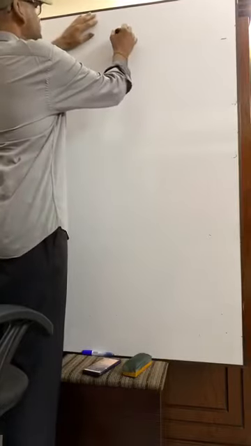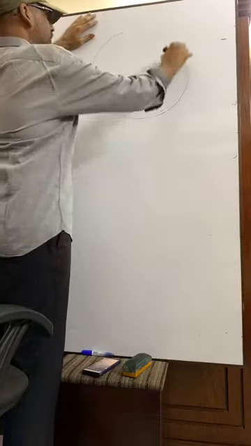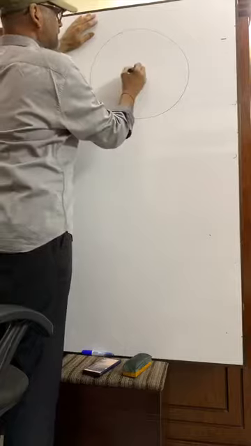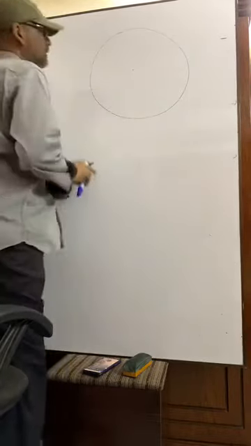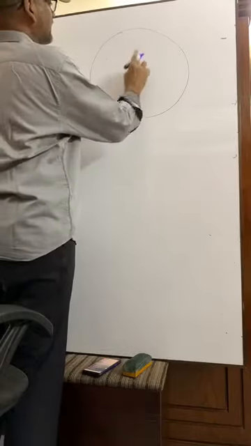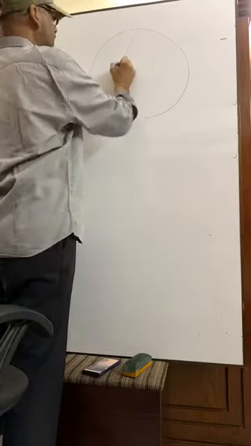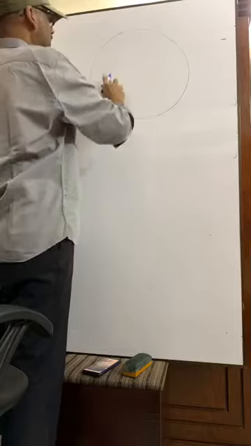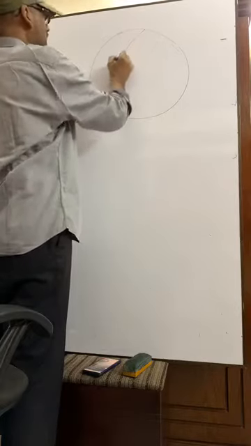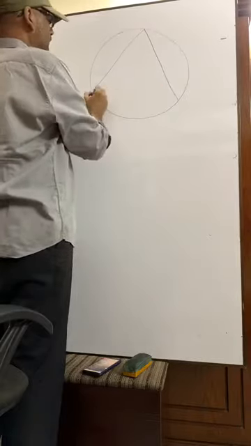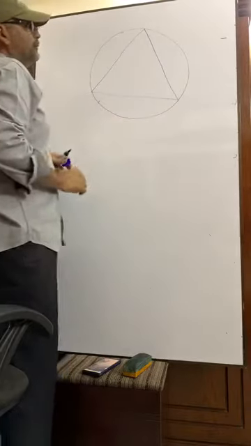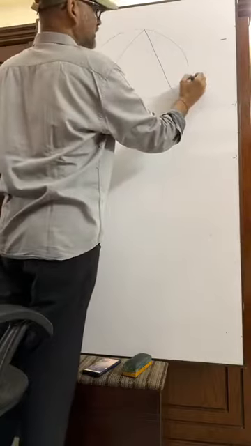Suppose it is a circle and an equilateral triangle, its equation is given.